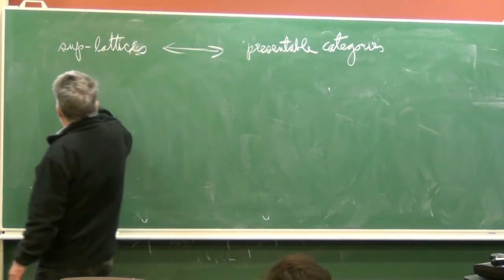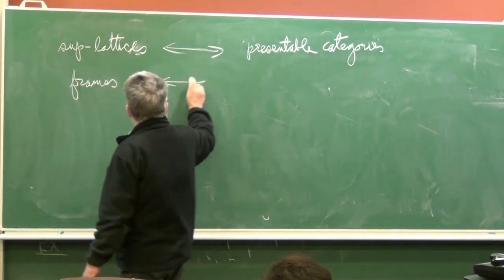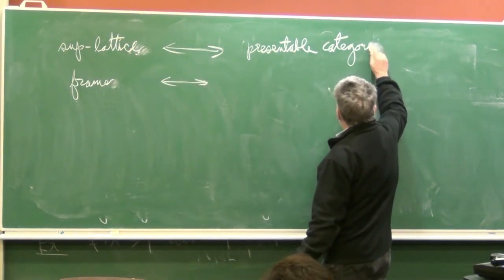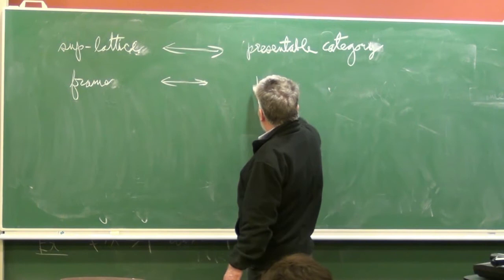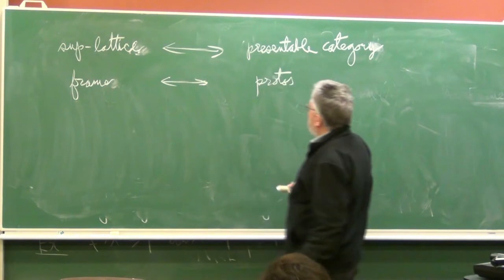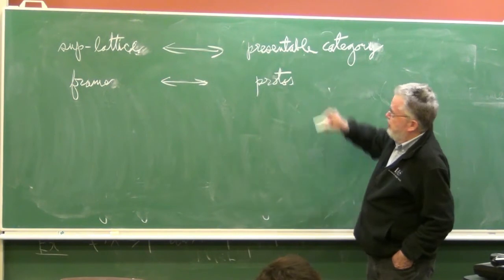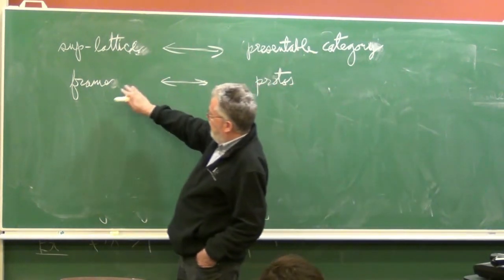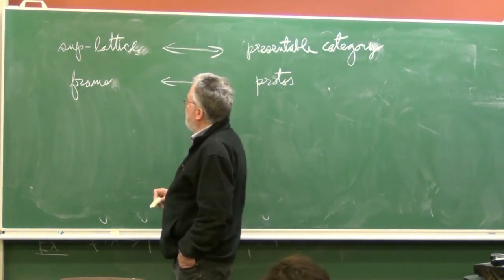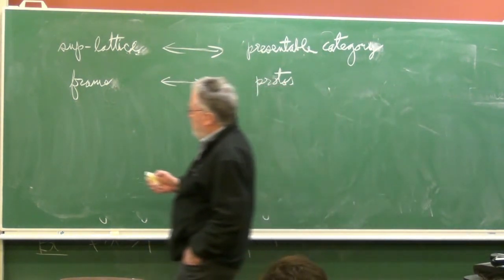And frames will be analogous, maybe without the S, to what I will call protos. But before defining the notion of protos, I need to say something about presentable categories. Because here, before defining the notion of frame, I started by describing what is a sup lattice. So there is the analog of that. Okay, so the definition.